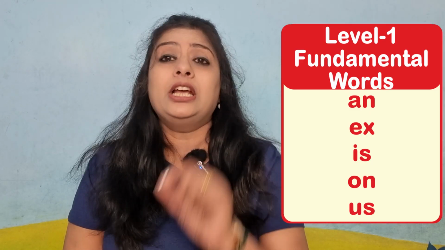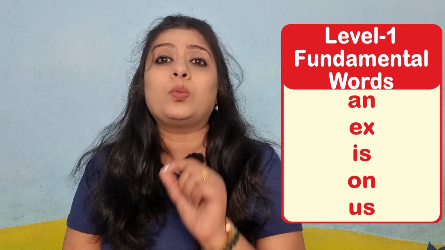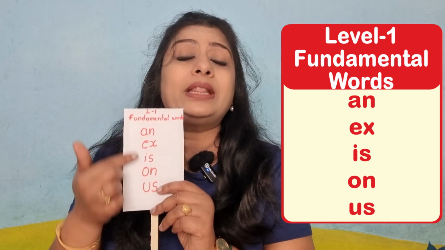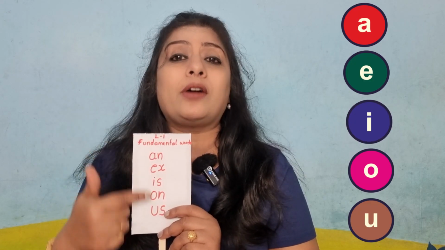Please make a note. 2-letter fundamental words are words which begin with A, E, I, O and U vowel sound, and you will see a consonant sound attached to that. So these are the fundamental words to be introduced as we start the words somewhere in the junior KG.